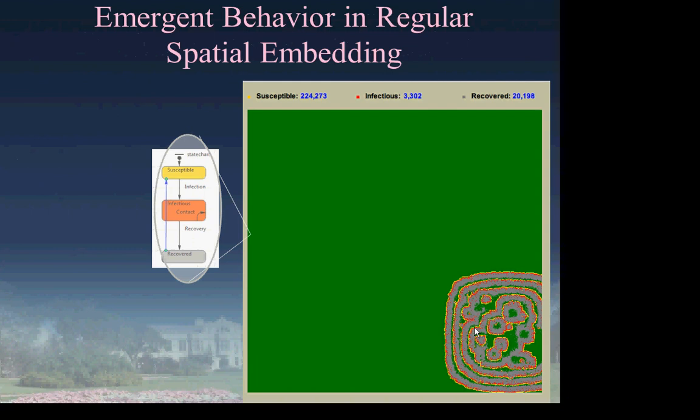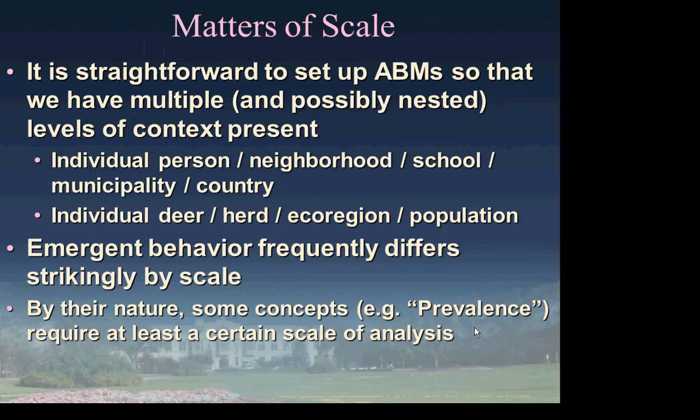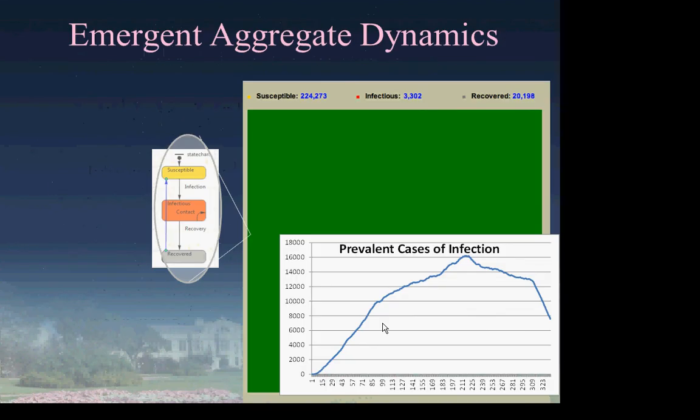This is not a pattern that you'd see readily in a system dynamics model. What you'd see instead is kind of a build-up in the number of people. So you'd see something like this. If we were to look at this in a system dynamics model, or at an aggregate stock and flow level, and we were looking at the stock of people infected, it would rise and then it would decline.